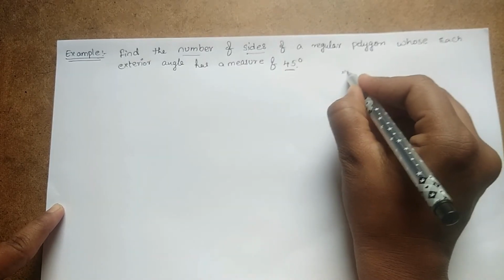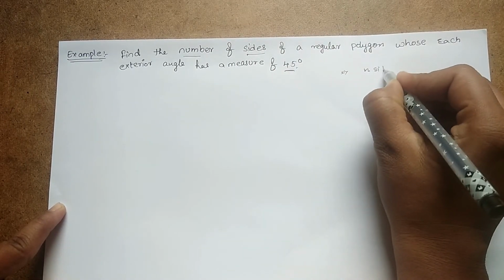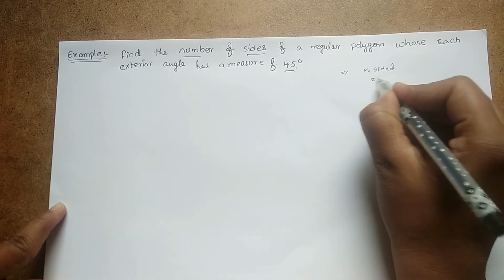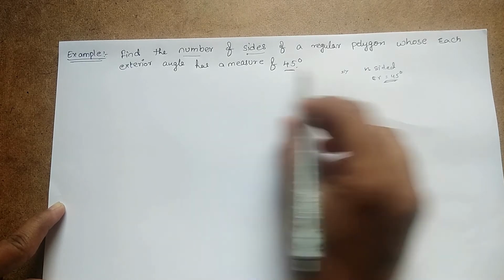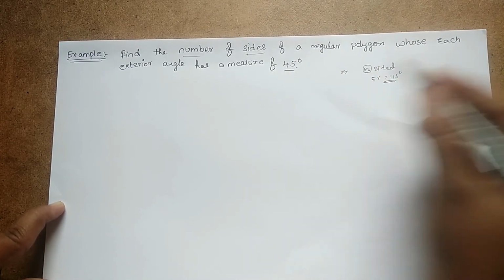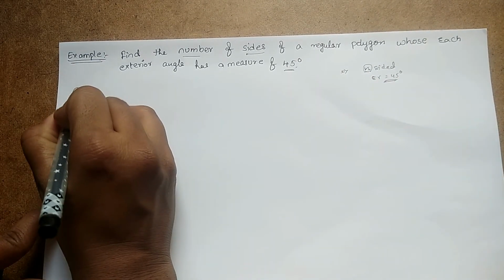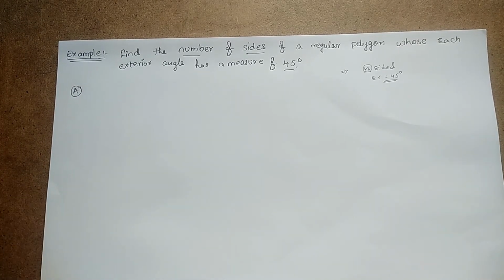Let it be an n-sided polygon. Its exterior angle is 45 degrees. We already know the sum of exterior angles must be equal to 360 degrees. Then we apply the formula to this question, and we get the answer easily.